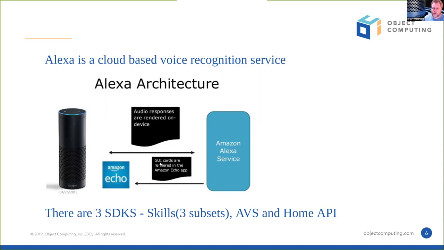One is it will talk to you, and the second is it will send you a card, which is a visual response that will appear in your Alexa app. So if you install the Alexa app on Apple or Android, you'll always see a card come back along with the response as well. It's a good way to know if it triggered erroneously, to find out what it thought you said.